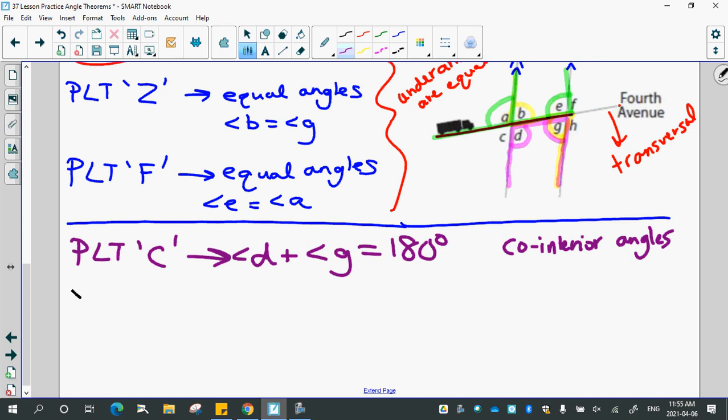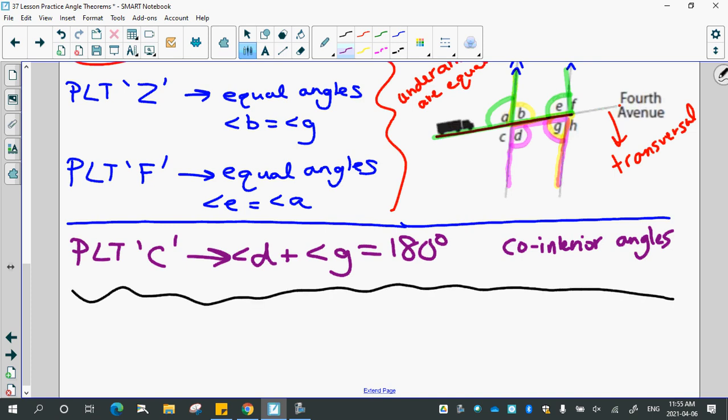Now remember, we also have letter patterns that don't need parallel lines. So X is a letter pattern that doesn't need parallel lines. Opposite angles are always equal.